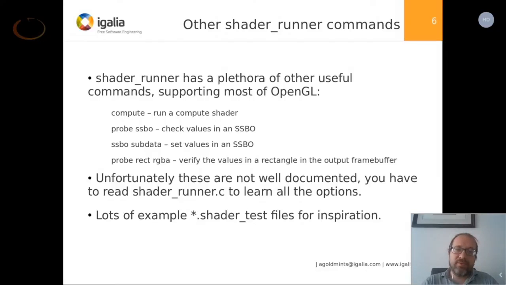But there are also lots of shader test files that are included with Piglit that have all of these commands and examples of how to use them. So you can look at those for inspiration. And of course, you can always add your own commands if you can't find what you want.